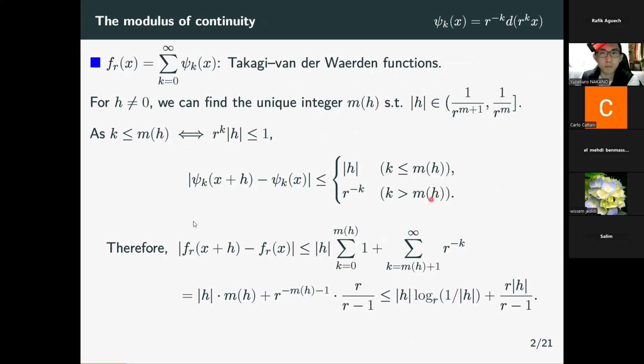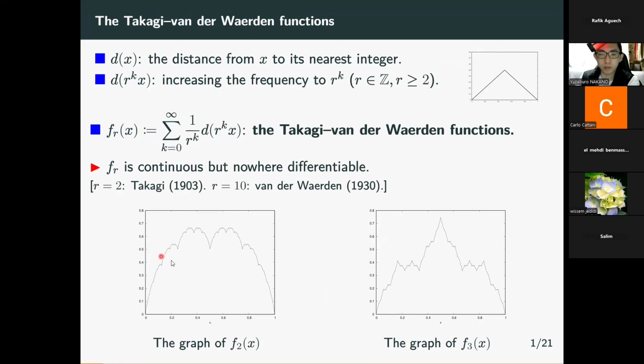Sorry, the figure for f_4, for example, looks like f_2. Is the graph of f_4 similar to f_2 or not? Yes, similar.